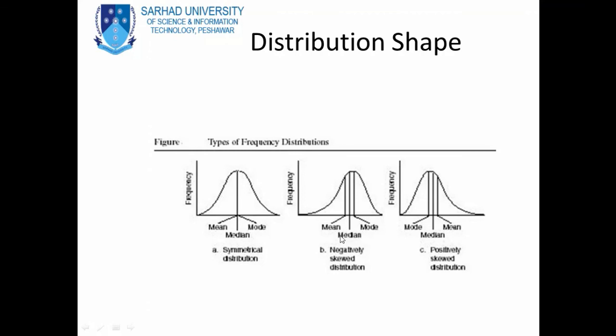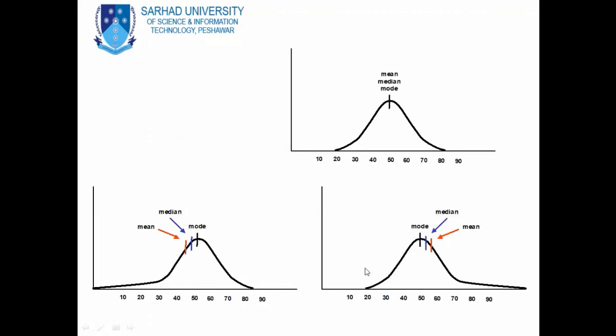Mode is greater than median, and median is greater than mean, so this is negatively skewed. And you see over here, in this case, all three measures of central tendency are equal. This is called a symmetric distribution.